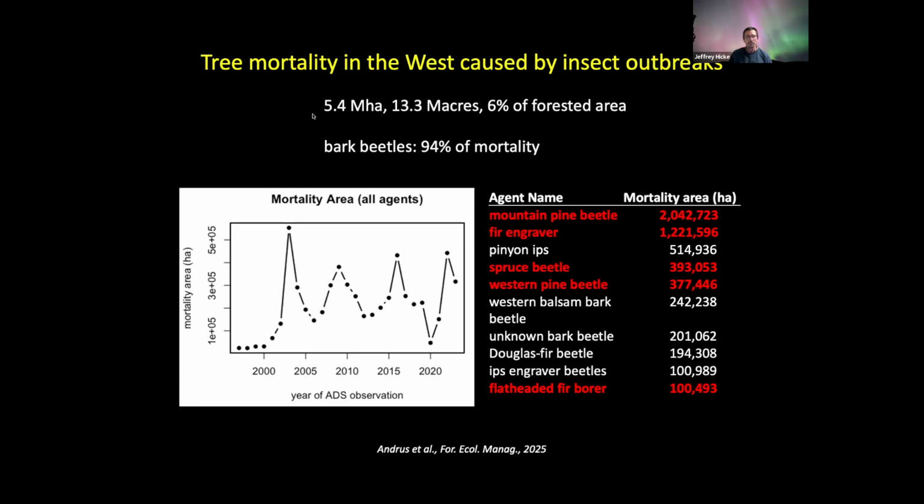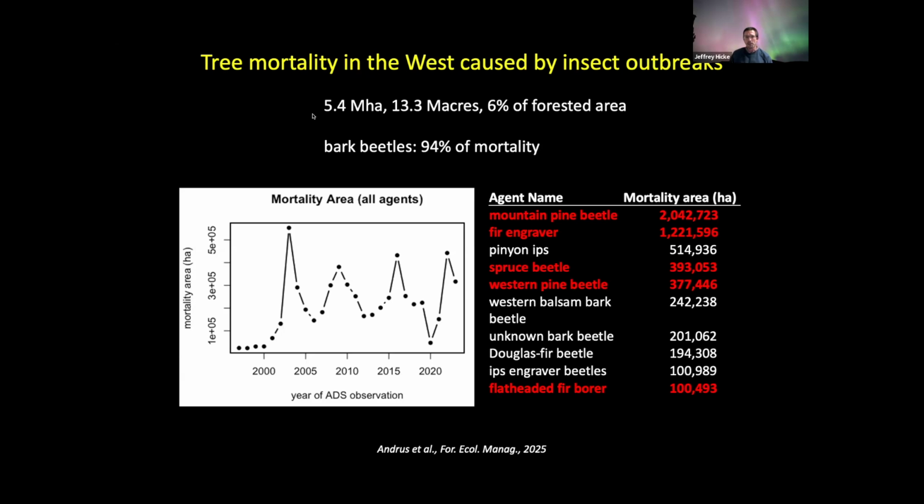You can see that every year since the early 2000s, or almost every year, there's been elevated mortality of 100,000 hectares or more. If you sum that up over all the years, the cumulative mortality is about 5.5 million hectares, or 13 million acres, or about 6% of the total forested area in the Western US.